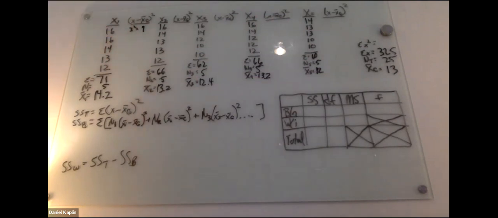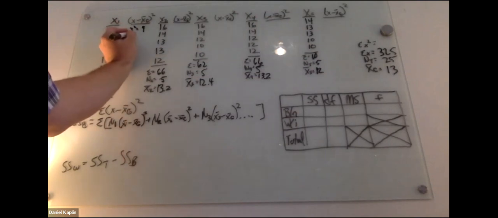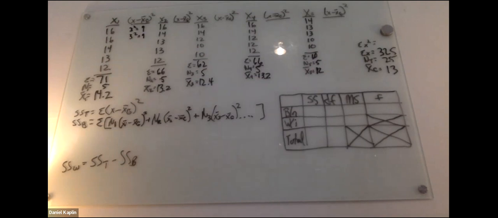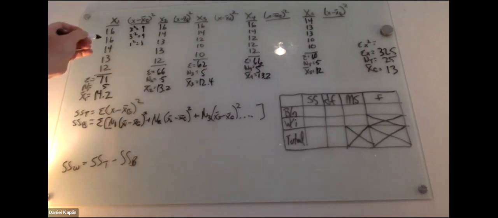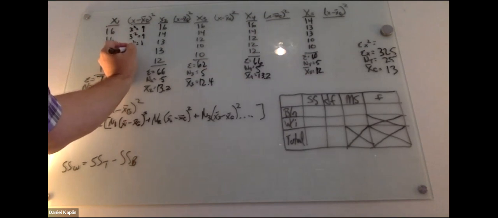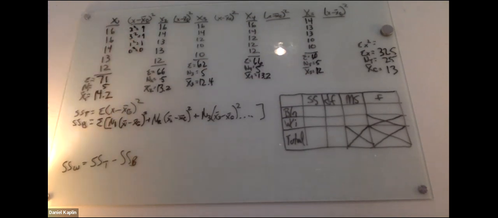The next one would be 3 squared again, which gives us 9. 14 minus 13 would be 1 squared, which gives us 1. 13 minus 13 would be 0 squared, which gives us 0.